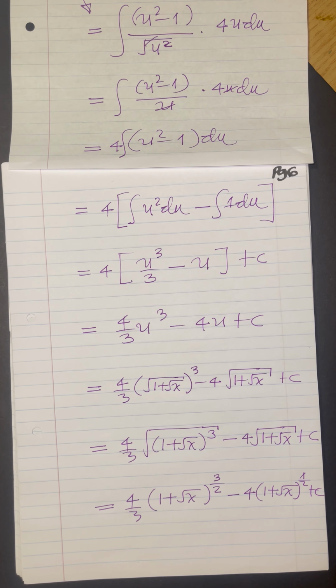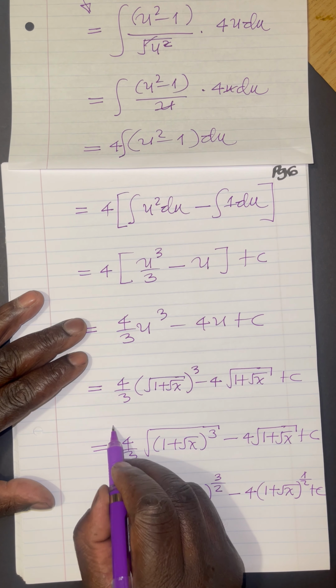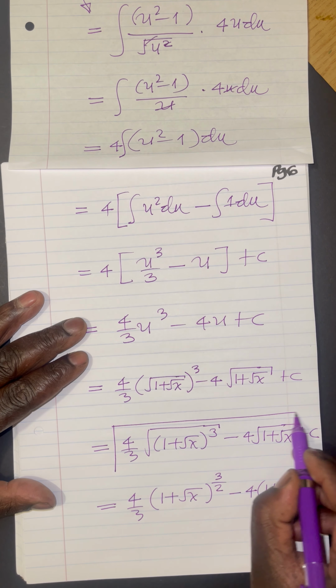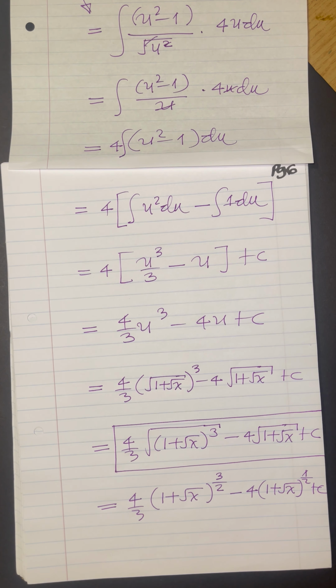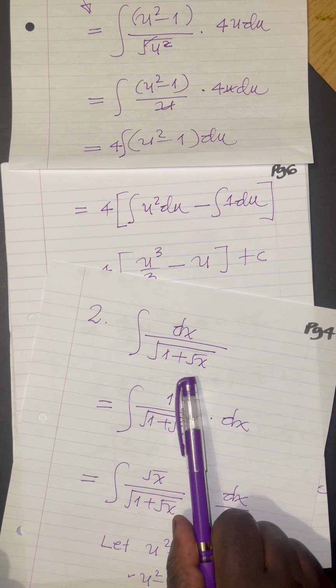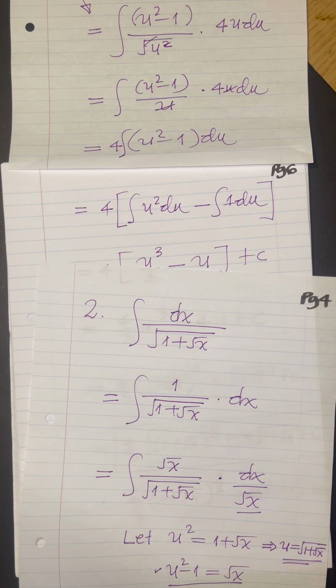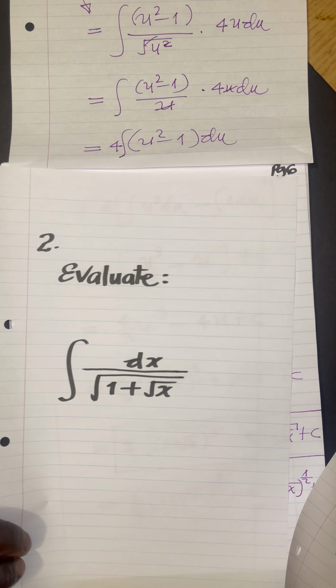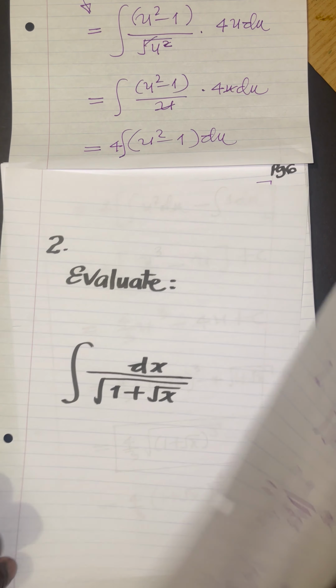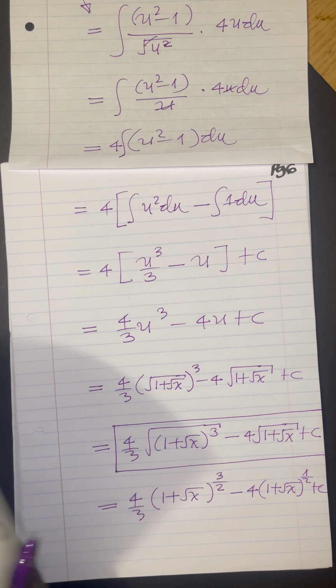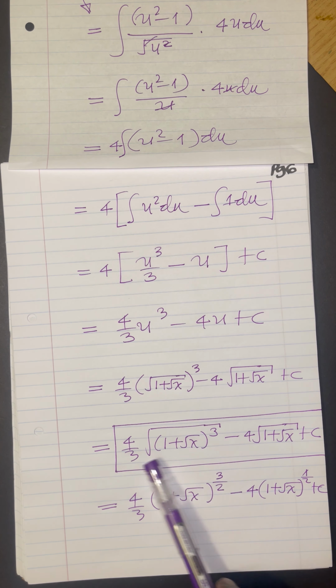So whichever form you like. I like this form here because it respects the format in which the question has been presented. We have the square root sign in the original integral, and therefore our solution maybe would need to have that here, square root of 1 plus square root of x. You would want that to appear in your final solution like this here, but this is just as fine.